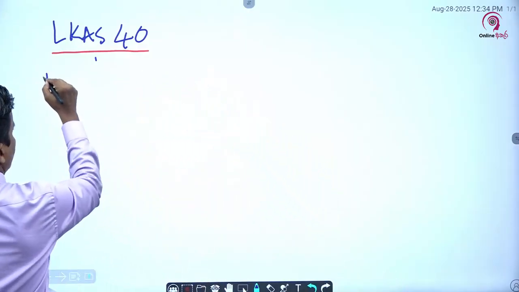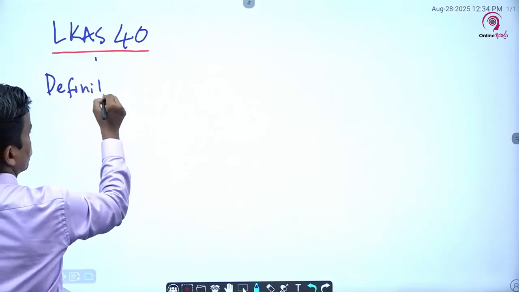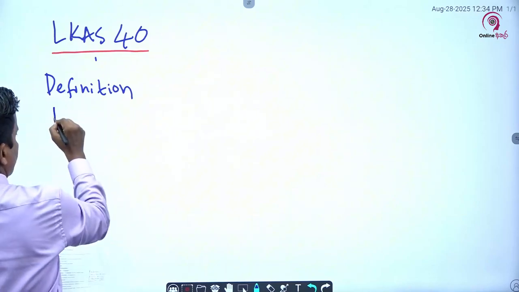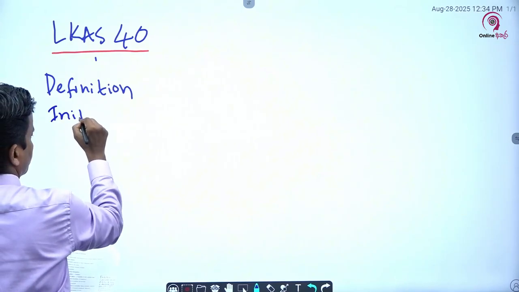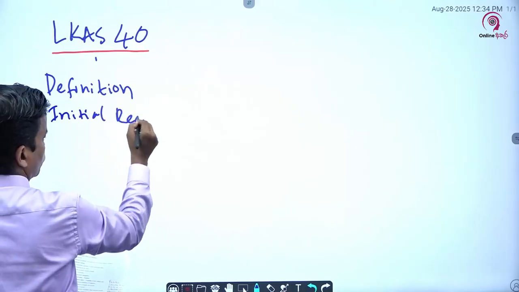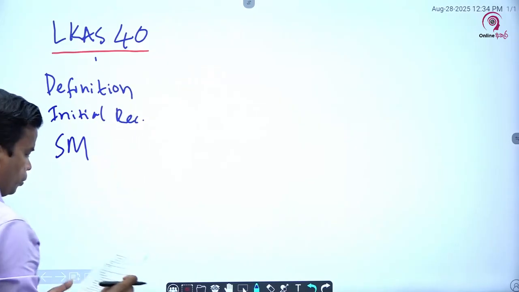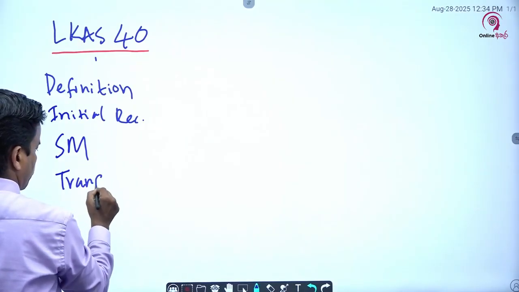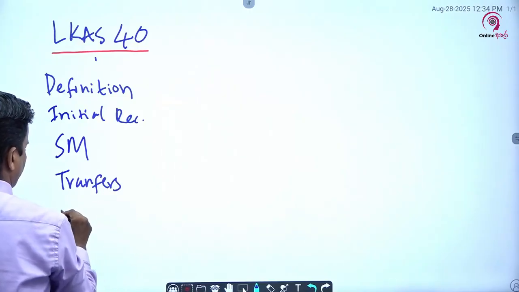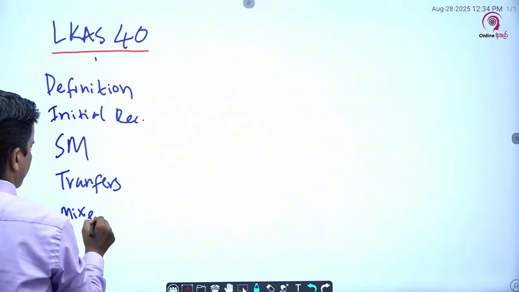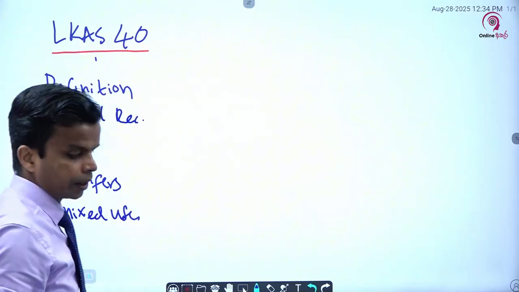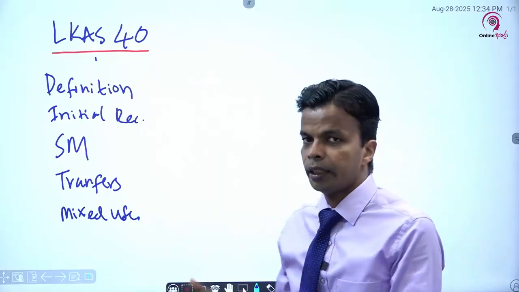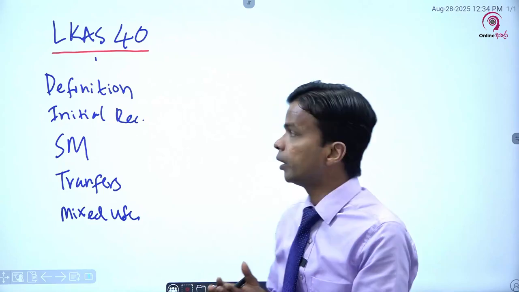We have the definition, then initial recognition, subsequent measurement, of course, then transfers, and mixed use. Let me use that way, easy to discuss. So we discussed the definition. So it's land and building, either for capital appreciation or renting out to others.